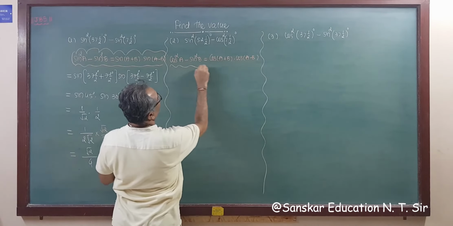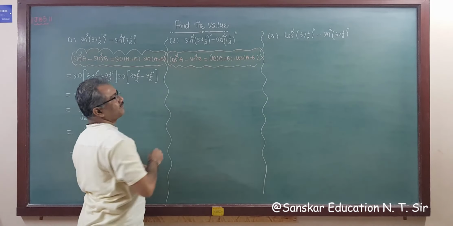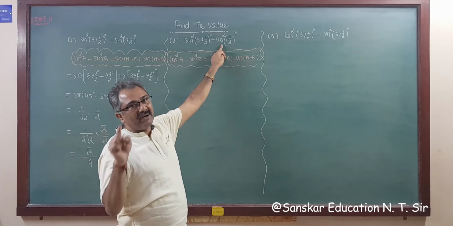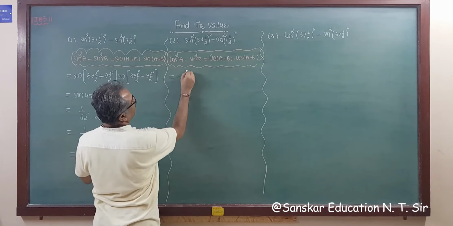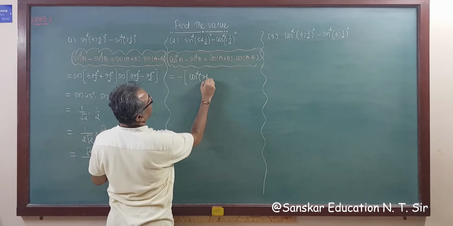For that we want cos first, so cos is here. Taking minus common, this is equal to minus cos square 7.5 degree.